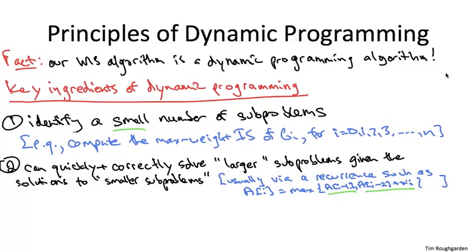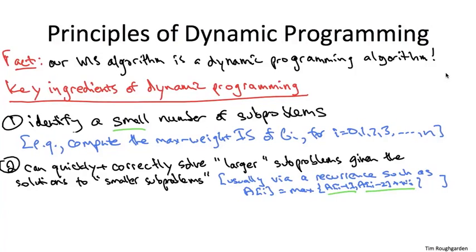In our algorithm for computing max weight independence sets in path graphs, we had n plus 1 subproblems, one for each prefix of the graph. So formally, our ith subproblem was to compute the max weight independence set of G sub i, the path graph consisting only of the first i vertices.